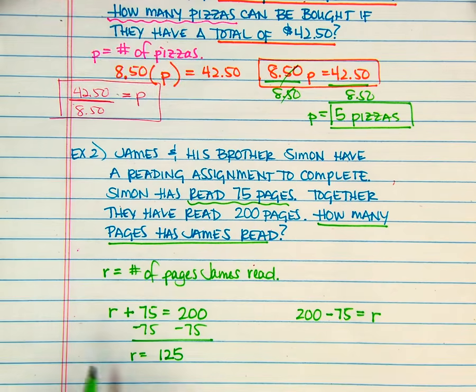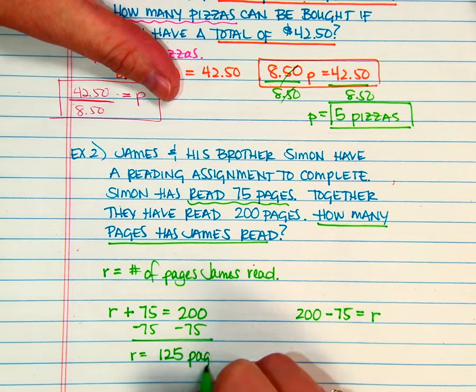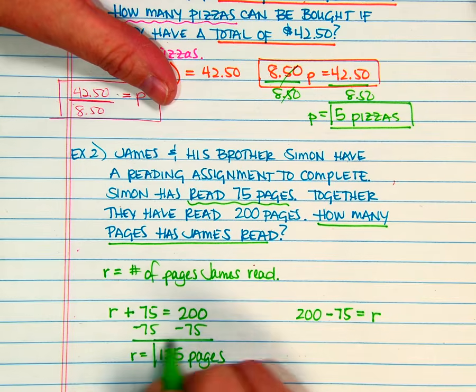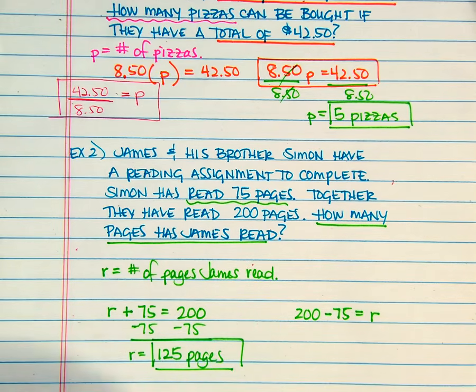Again, you're not done. You have to write the correct label, so 125 pages. And no matter what equation you use, you would get the same answer. So the steps that I want you to make sure that you do is define a variable, write the equation, and then solve the equation, write the answer with the correct label.